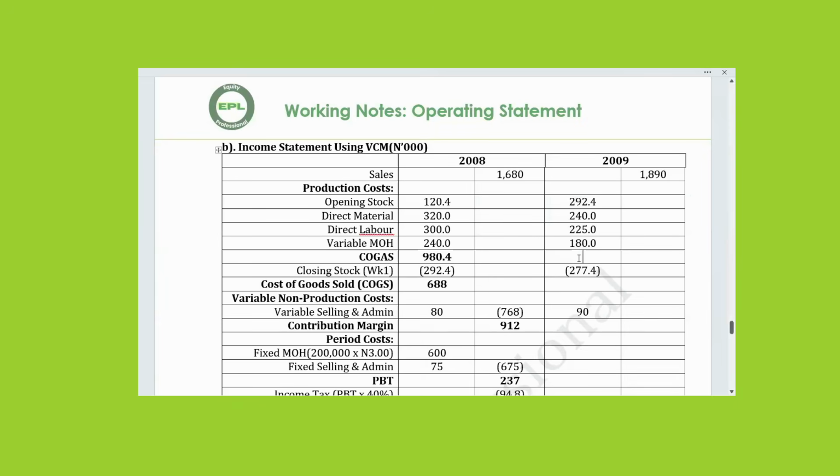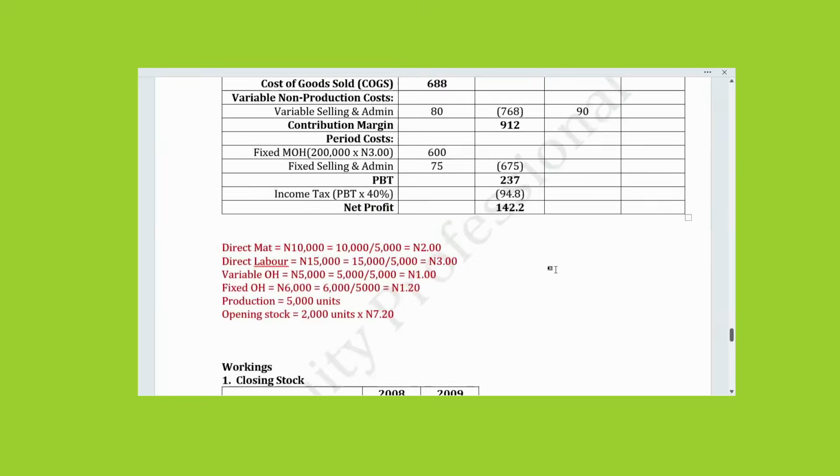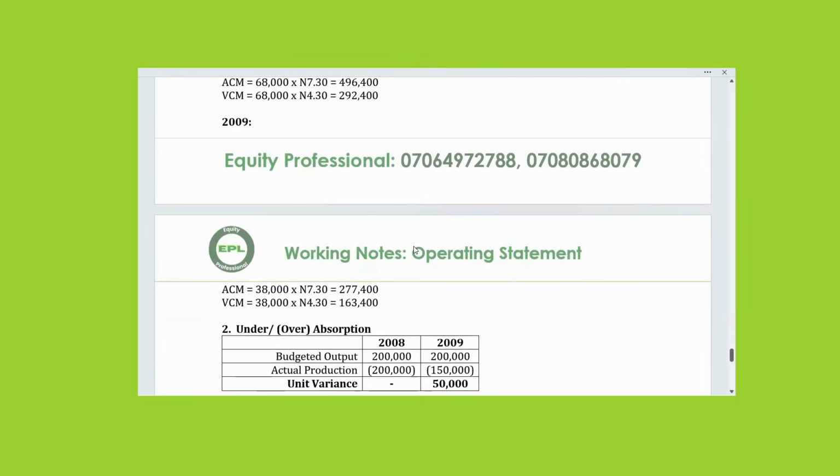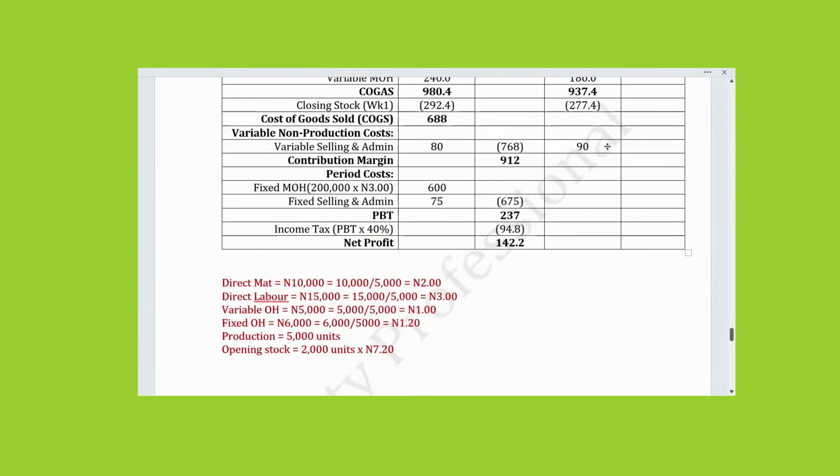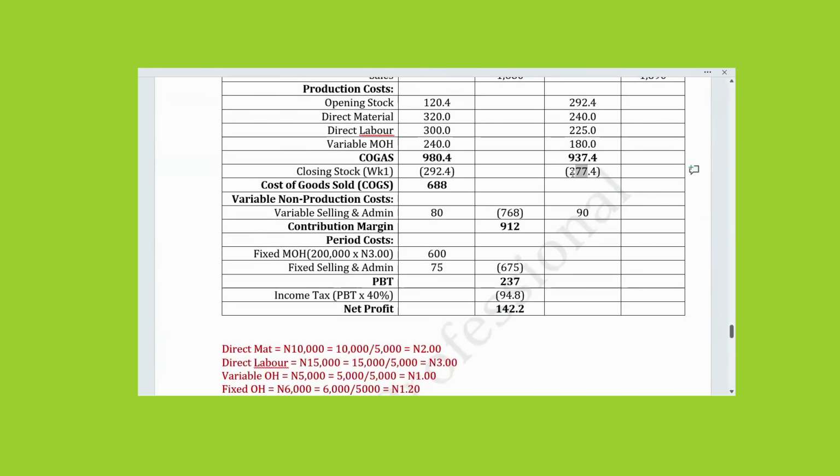Then the closing stock in 2009 under variable costing method was 163.4. So what's the difference? 937.4 minus 163.4 is 774.